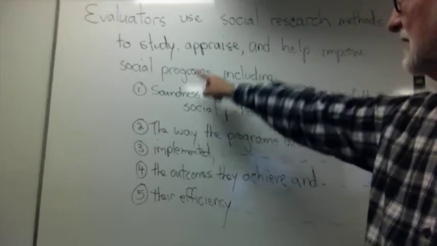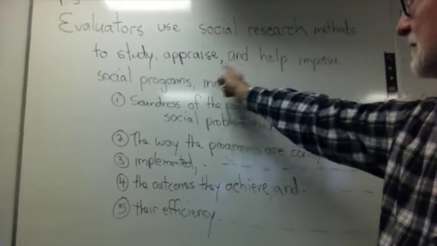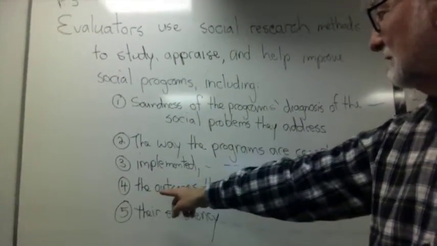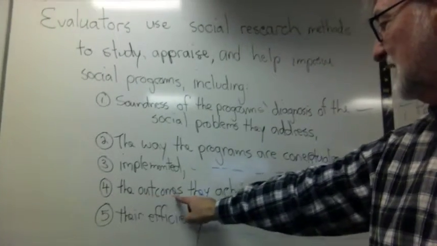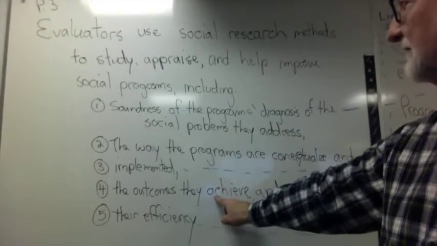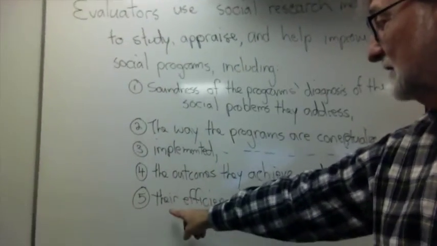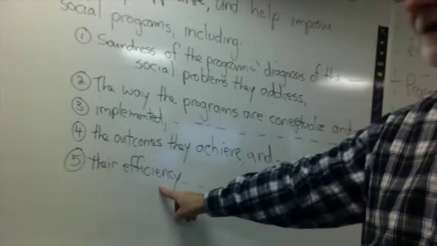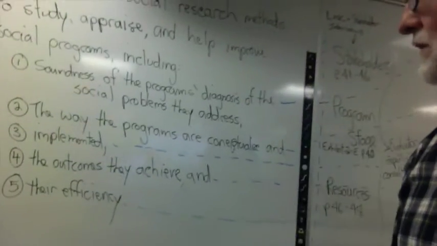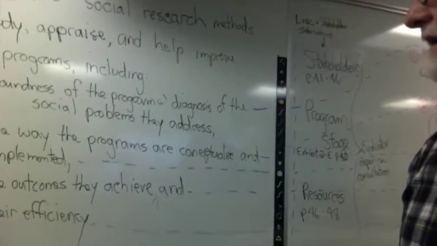And then a 4th way, they study, appraise, and help improve social programs by looking at the outcomes they achieve. And then a 5th way is by looking at their efficiency. Now, that's certainly a lot of different things you can do when you are thinking about evaluating a program.